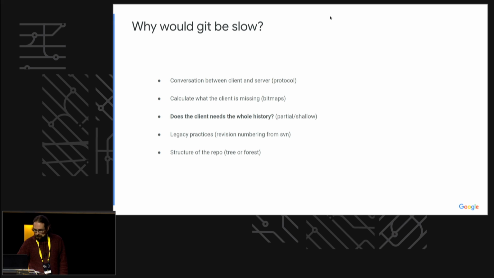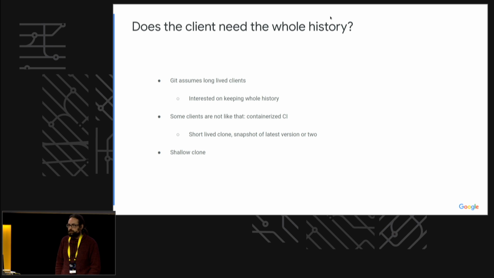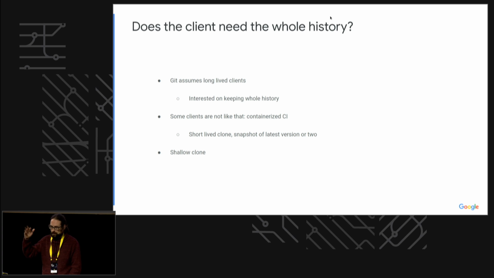But we are seeing other cases, like containerized continuous integration, for example. This is a short-lived client. It just wants to come up, grab a copy of the code, probably of the last commit or maybe the last two commits, make some analysis and calculate diffs, do its work and disappear. And definitely the default clone is terribly expensive for this case.